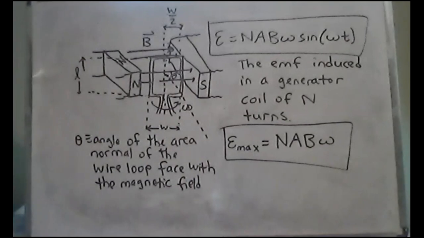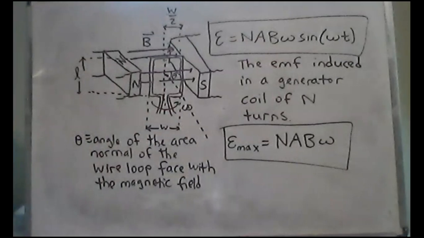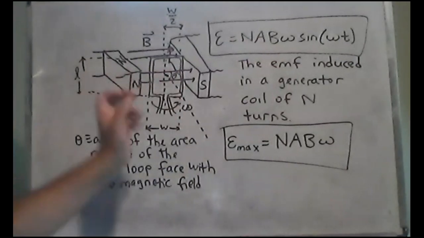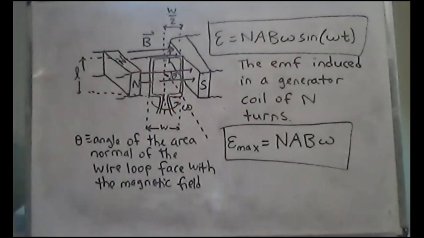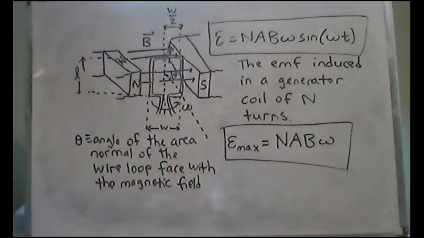If we go back to the equation, that W over 2 comes directly into the orbital velocity. If I take the same omega and expand out my W, I'm going to have a larger orbital velocity. So that makes sense that the area would depend on that. And of course, the area also depends on L. The bigger the coil, the greater the induced EMF.